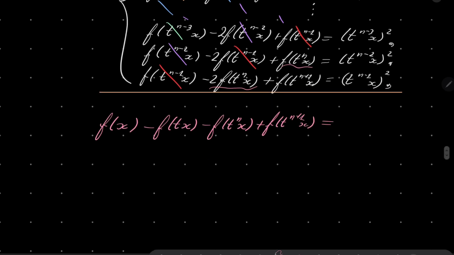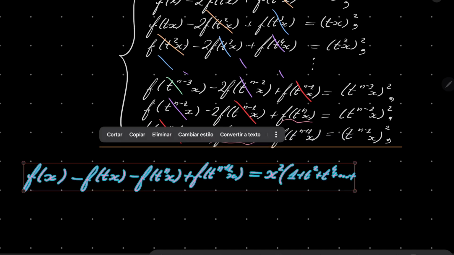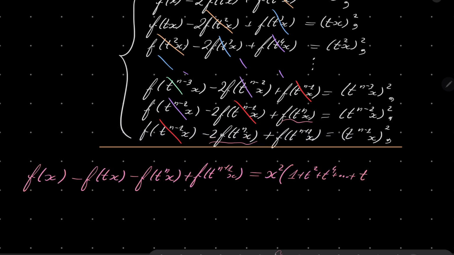which equals, and let's add the right hand side, we can factor out x squared, and I will have 1 plus t squared plus t to the 4th power, and so on, finally t to the power 2n minus 2.